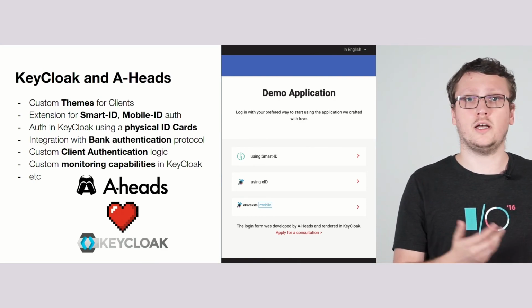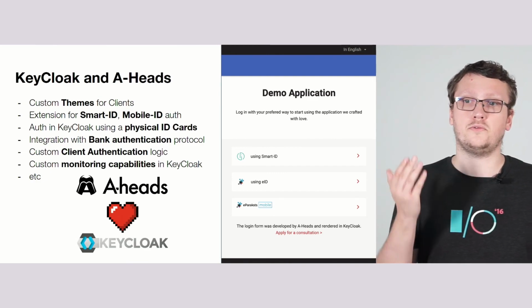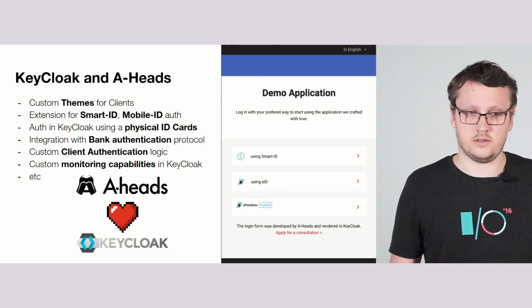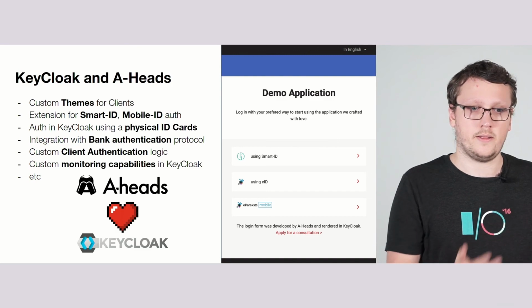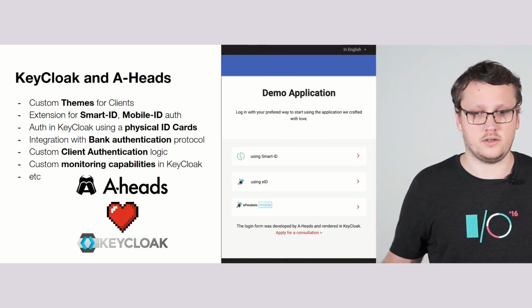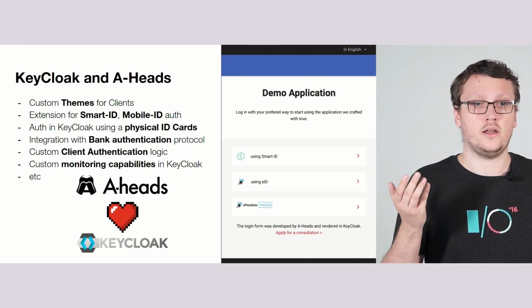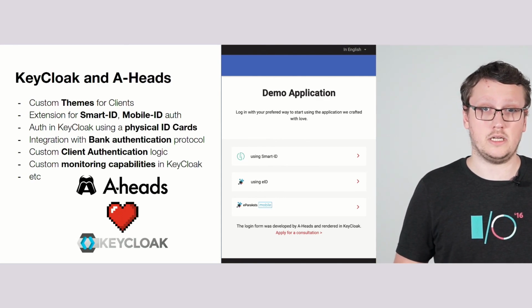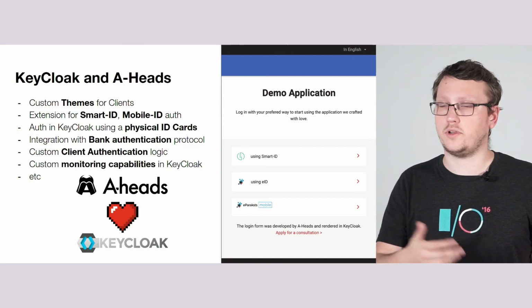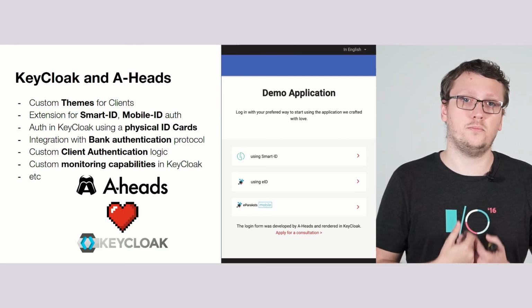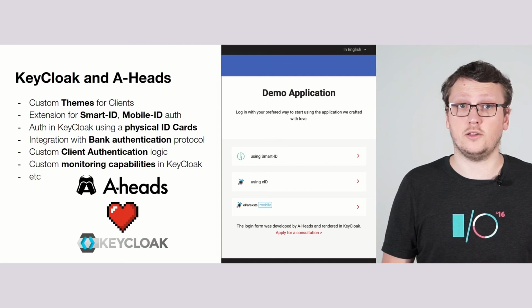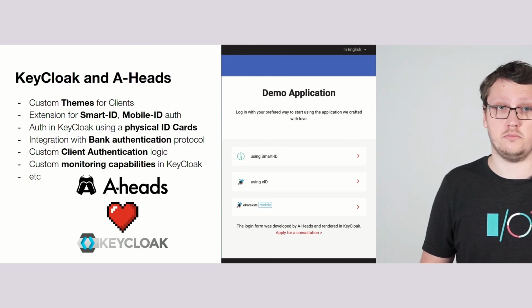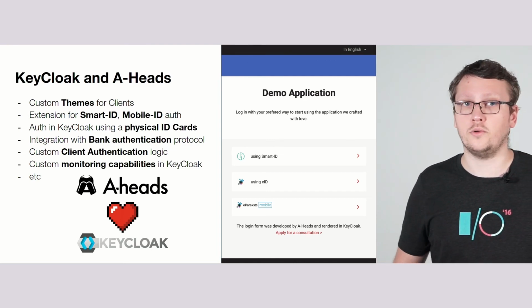If you've used Latvija.lv, you see a lot of different bank authentication and trust providers like Citadele, Swedbank, and other banks. You can easily integrate them into Keycloak if there is a need for that. Or develop any other authentication, if you have a self-brewed authentication solution inside the company. That's also possible. And do any other tweaks.